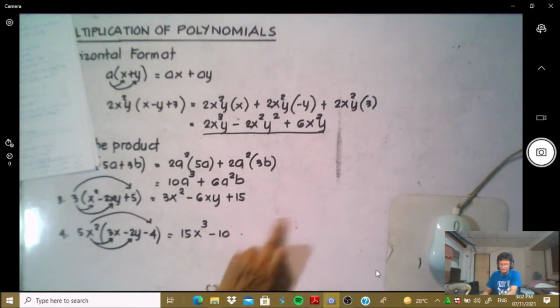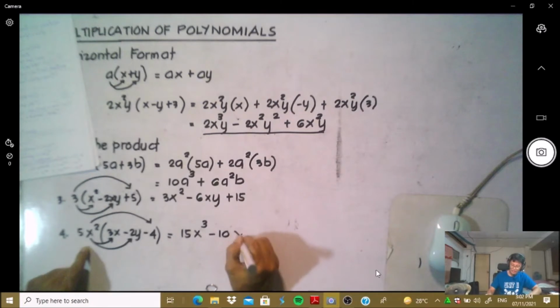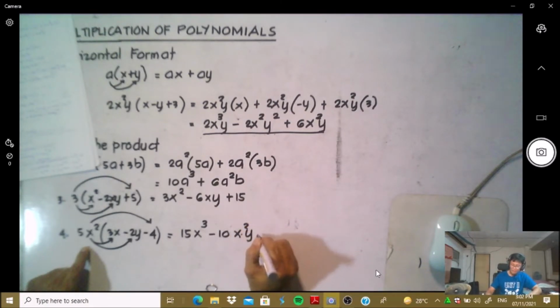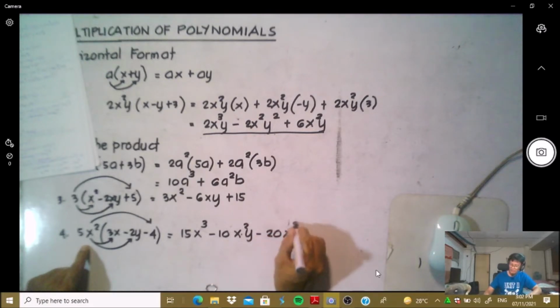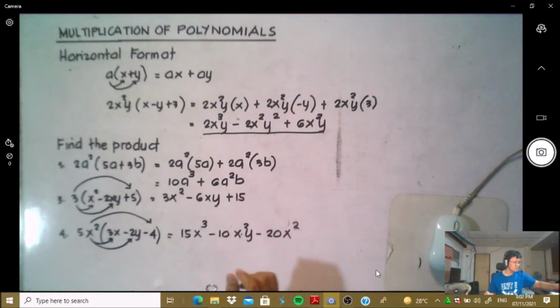Then we have x squared y. Then minus 20x squared. Okay, that will be our final answer. So let's proceed to the next problem.